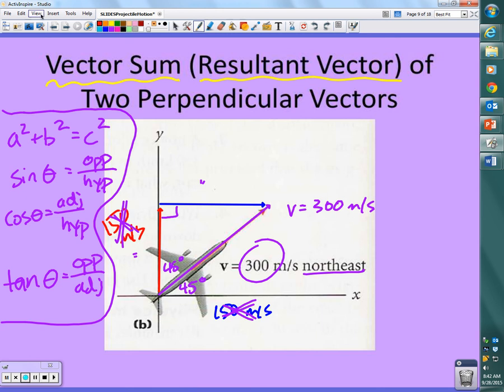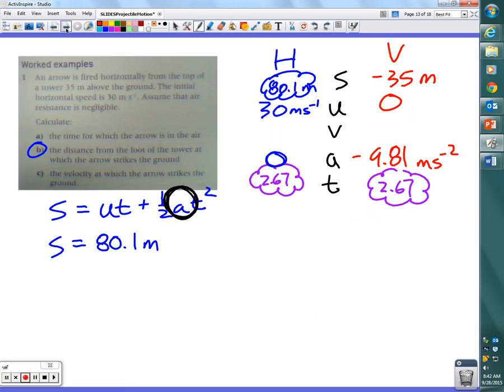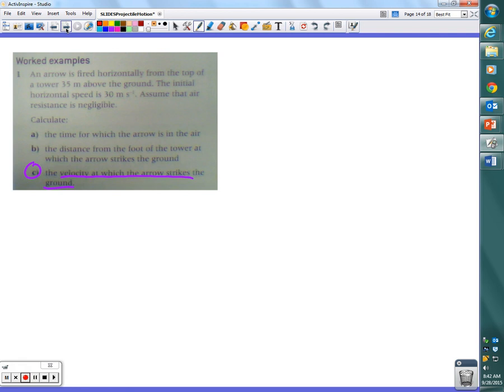So, going back to this picture here, going back to part C, here's our arrow, and when it gets to this point, it's traveling both horizontally and vertically. But if we want to know the velocity, we have to find the vector sum of those two.